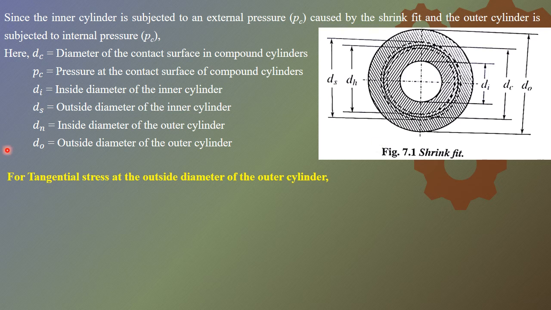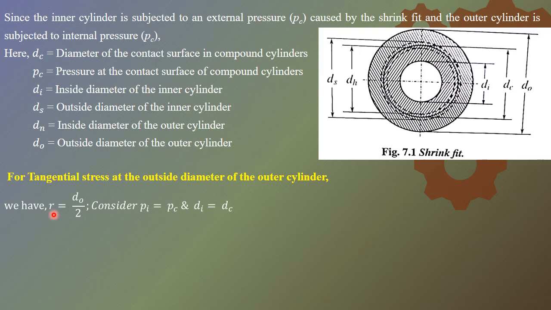So first we will consider the tangential stress equation at the outside diameter of the outer cylinder. That is where I have kept the pointer. So this is the outside diameter of the outer cylinder, right?